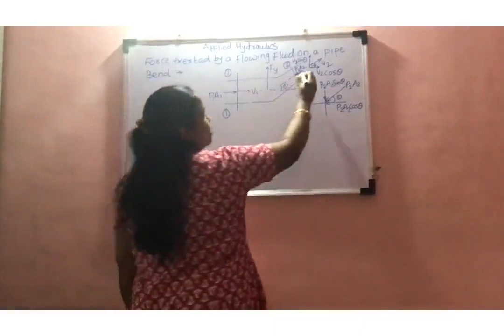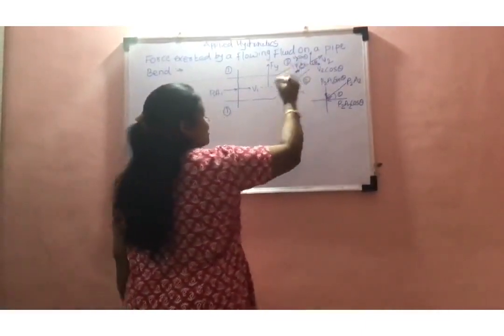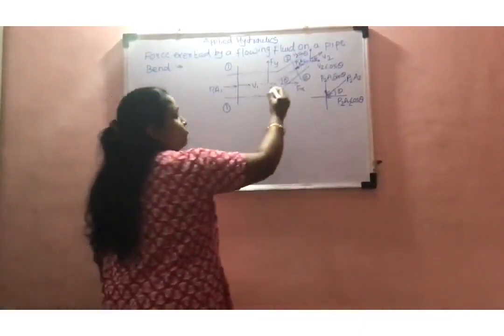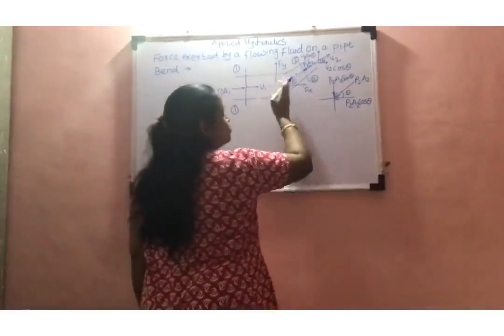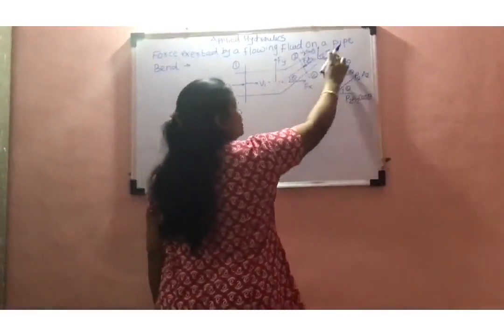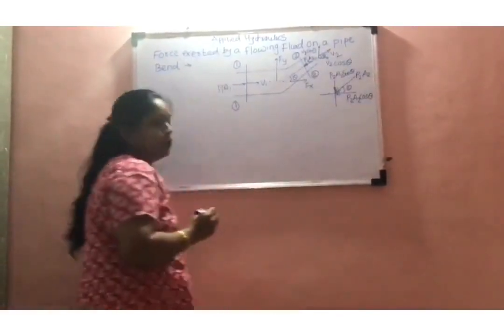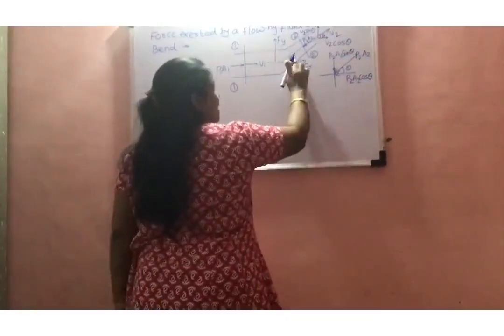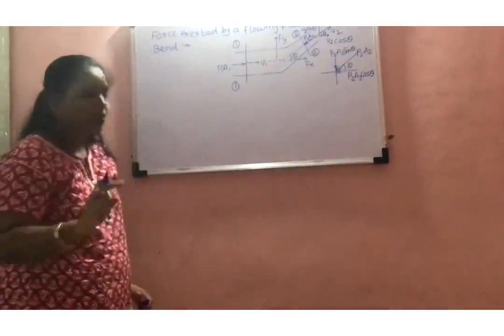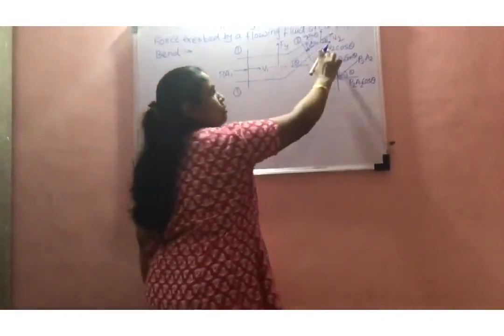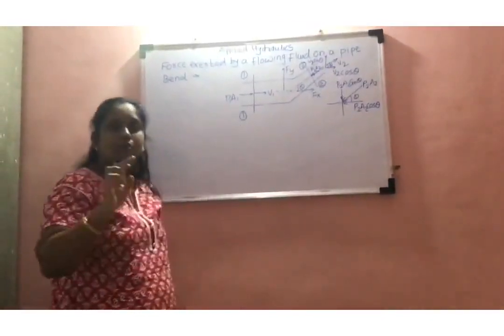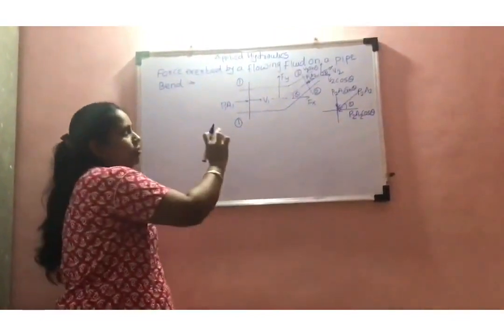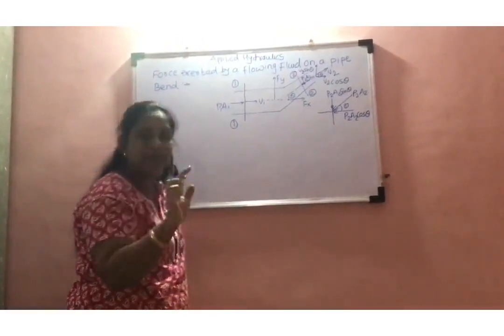Similarly, here you can observe at section 2, the flow will pass through section 2 with the velocity of V2. And this velocity makes an angle of theta. So it has two components, V2 cos theta and V2 sin theta.